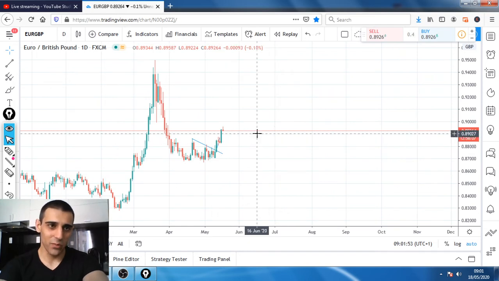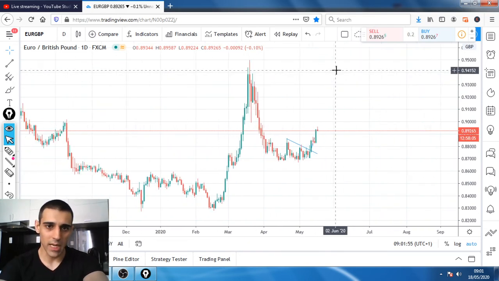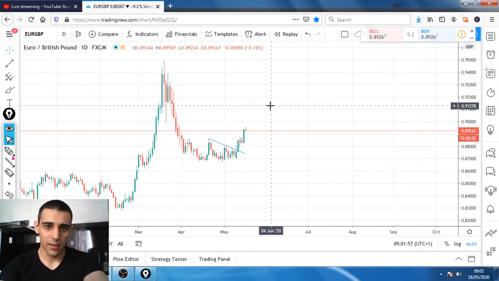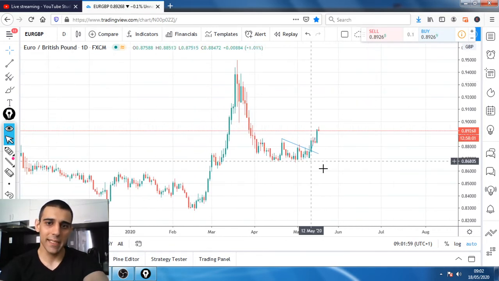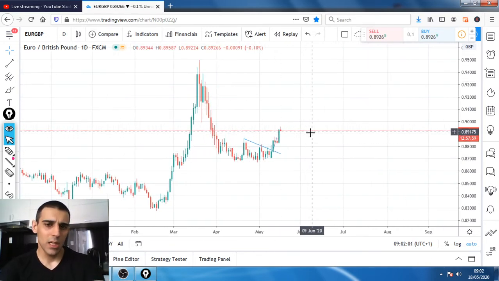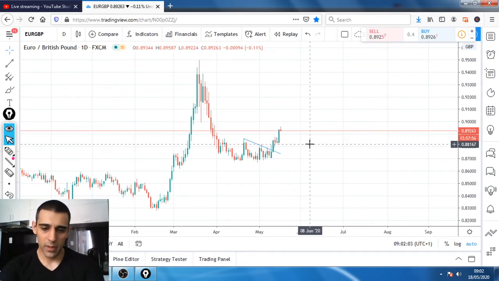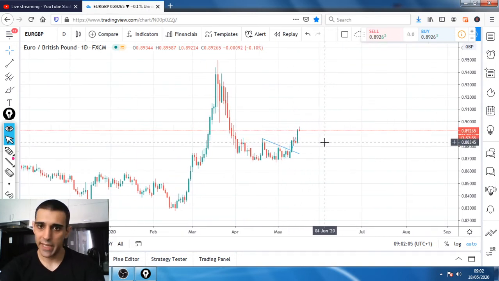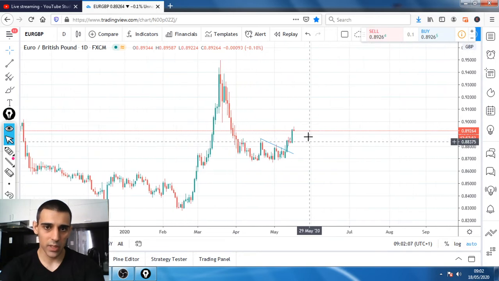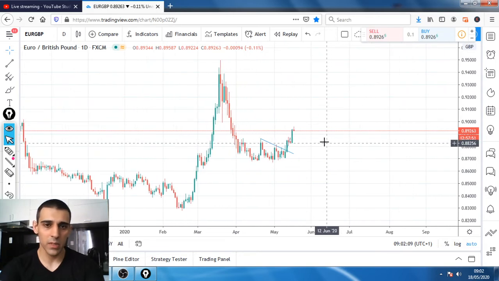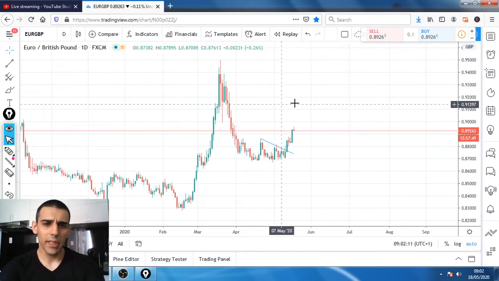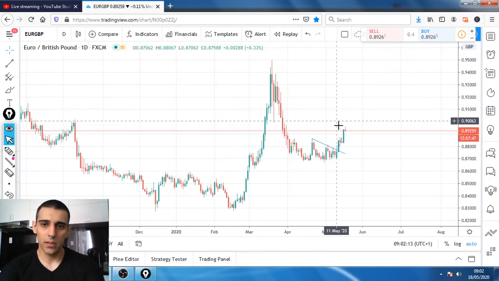Right, so euro against British pound. So we are back to the pounds, and we can see I discussed this trade, I believe, on the swing trades. Yes, I did discuss this euro against British pounds on the swing trades. It looks pretty strong.